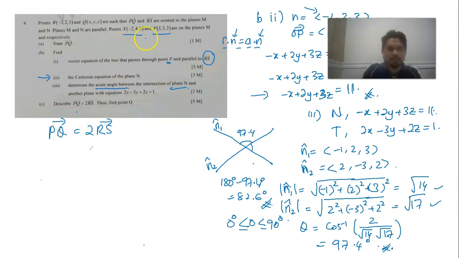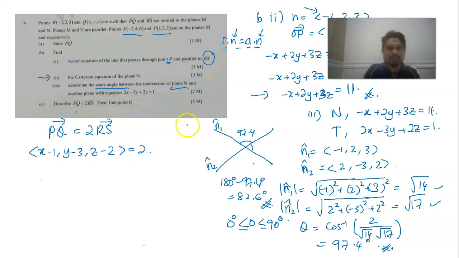What is the coordinate of P just now? P here is (1, 3, 2) and Q is (x, y, z). So PQ, from P to Q, is the coordinate of Q minus the coordinate of P. So x minus 1, y minus 3, and z minus 2.